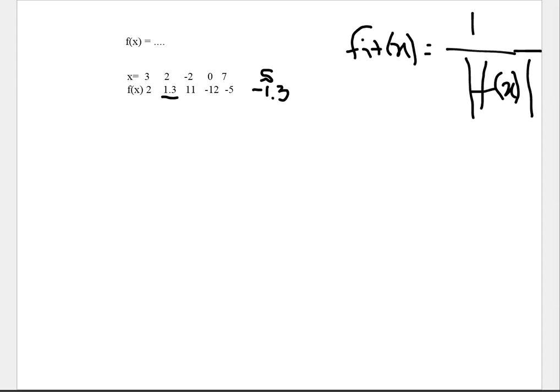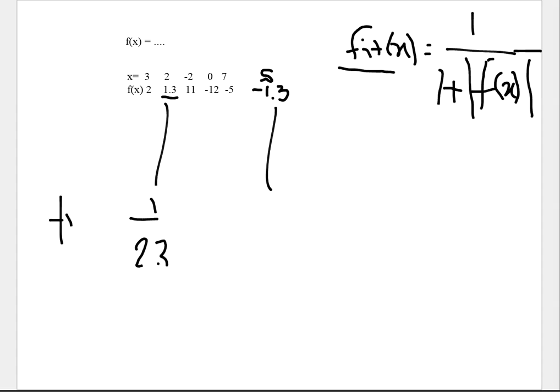To avoid division by 0, I add, for example, 1. This fitness function produces, for example, the highest value for this and this. It is 1 by 2 and 3 fitness.